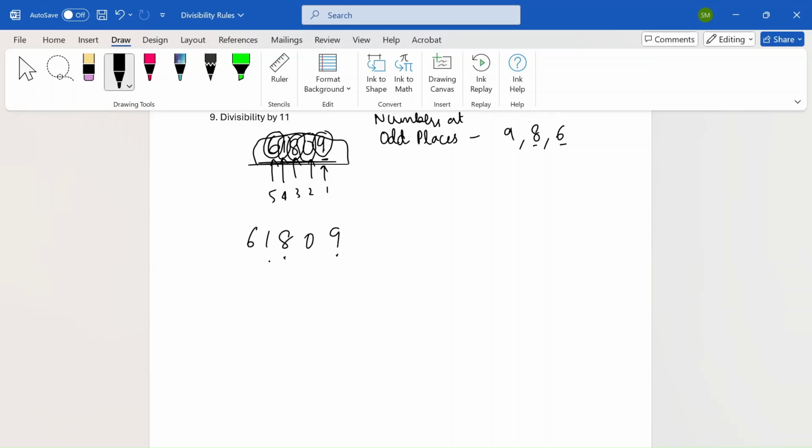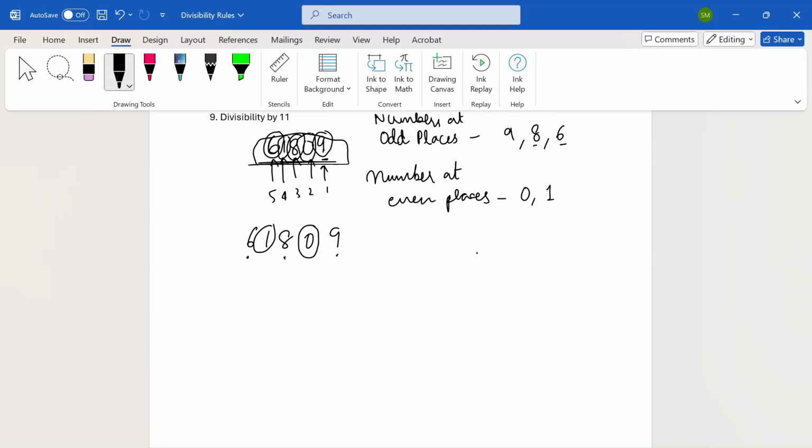First place, third place, fifth place. These are at odd places. Okay. So which numbers are at even places? Second place and fourth place. So numbers at even places are 0 and 1.